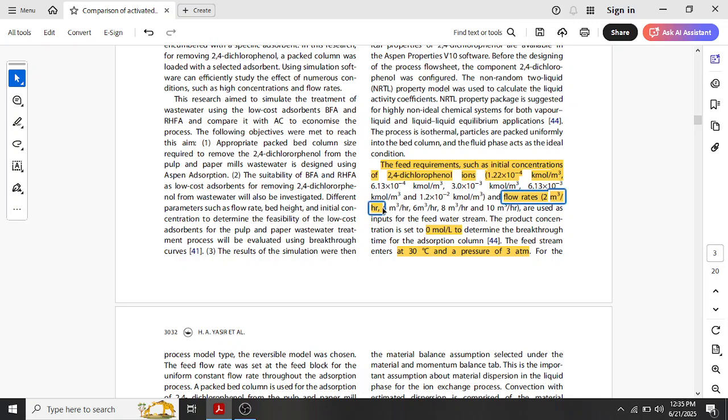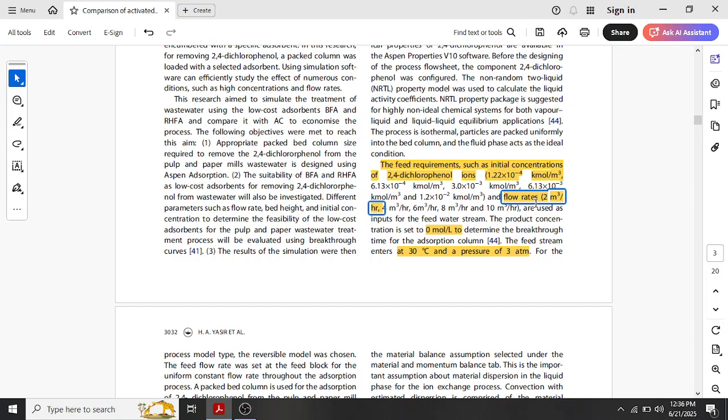You can use other concentrations and other volumetric flow rates in order to see the effect of the volumetric flow rate on breakthrough curves. Our main focus in this lecture will be to plot the breakthrough curve for the dichlorophenolic compound.